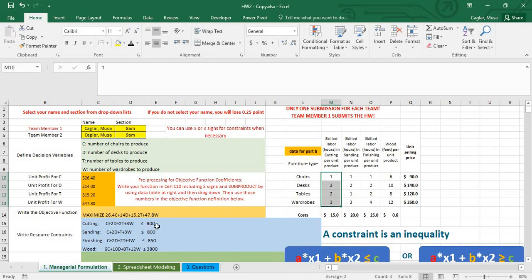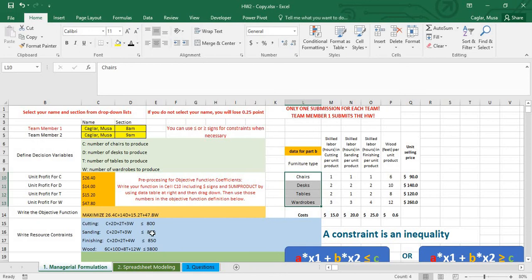Okay, and in the problem it's given that the available labor hours for cutting is 800. That's why when I sumproduct my decision variables with the resource usage, the left hand side should be less than or equal to its available amount. For this one, the idea is the same. I'm going to use these numbers 1, 2, 1, 3, 1, and sumproduct them with the decision variables.